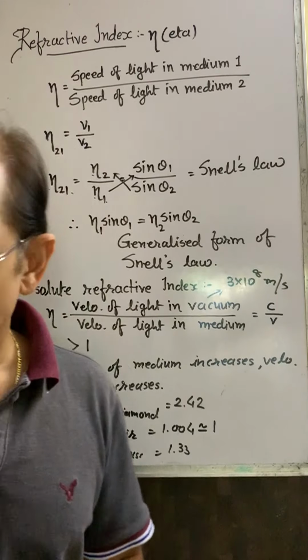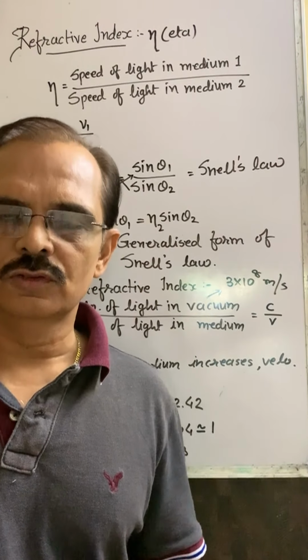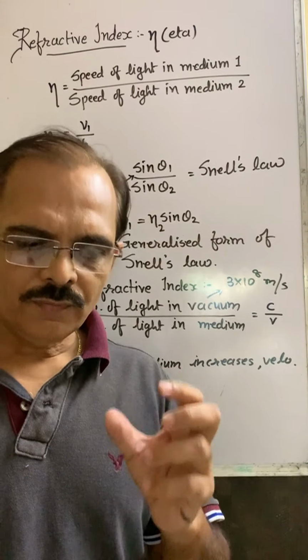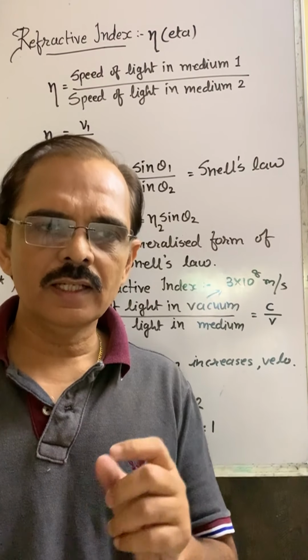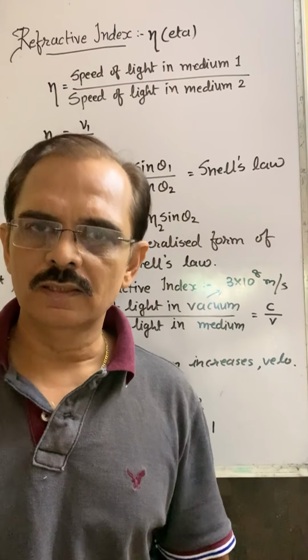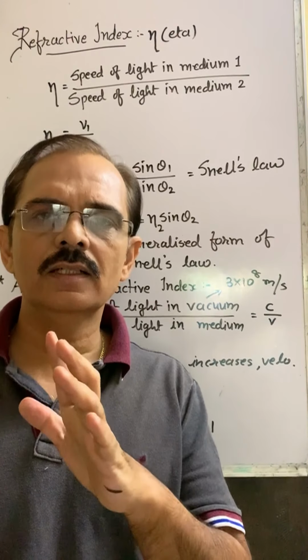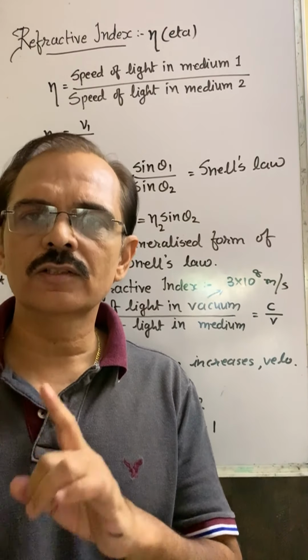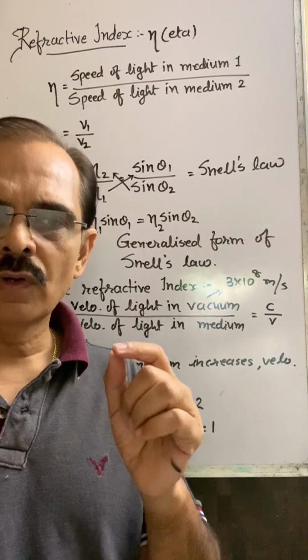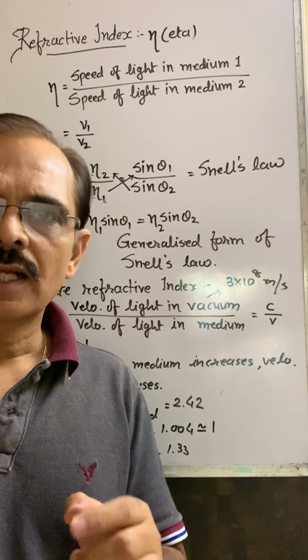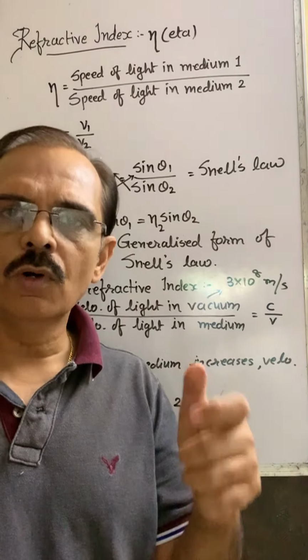Now, refractive index also varies with color. It depends on the wavelength of that color. The refractive index of violet color is greater than that of red color, because violet wavelength is least and red wavelength is most.